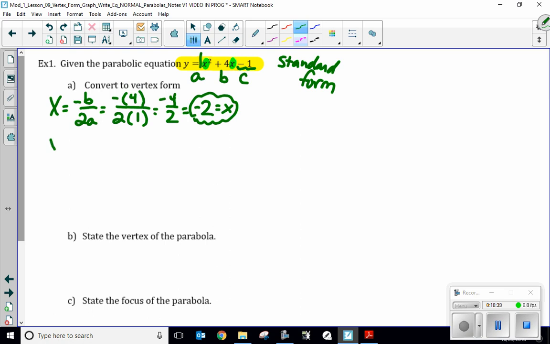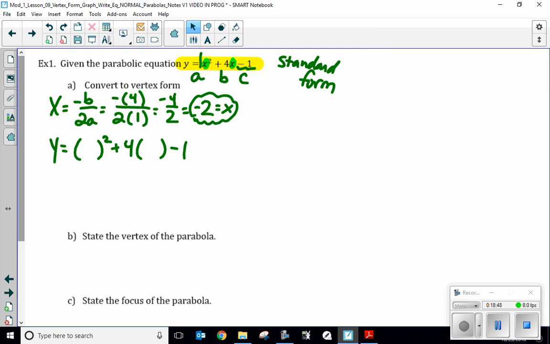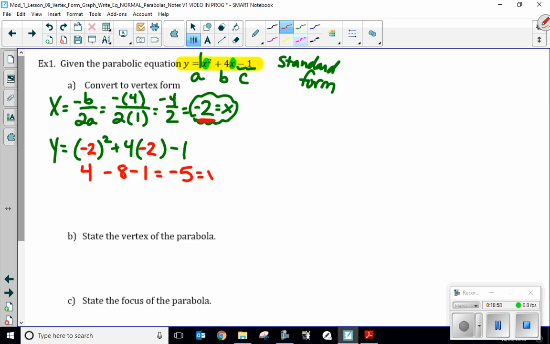So y equals my x value squared plus 4 times x minus 1. My x value happens to be negative 2, so I plug that in here. I get 4 minus 8 minus 1. That's negative 5. That's my y value.